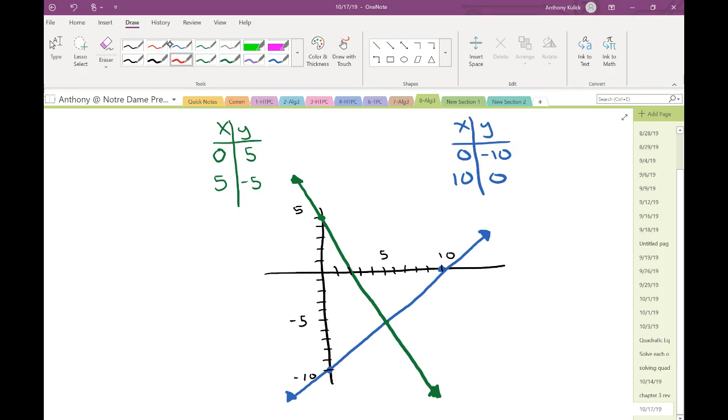Now notice this system that we just graphed was the same system that I gave you guys in the example. Did you guys notice that? What did we say the solution was in the example? 5, negative 5, right? Where is that at? It's right there. Everybody agree with that?